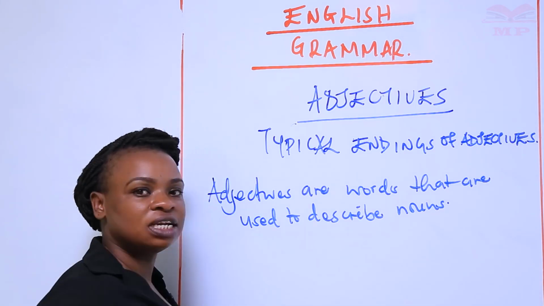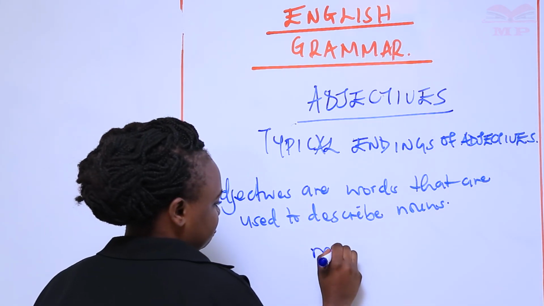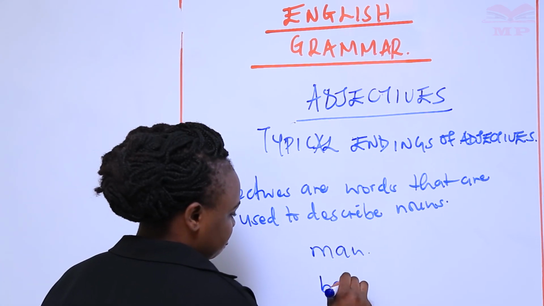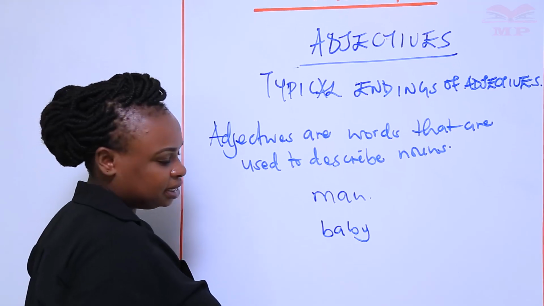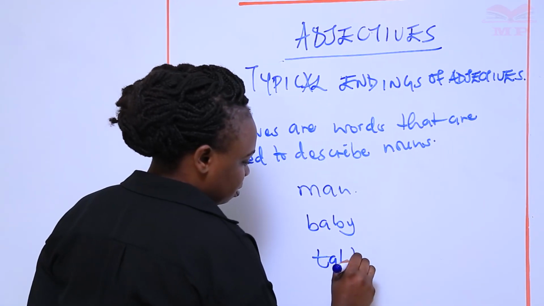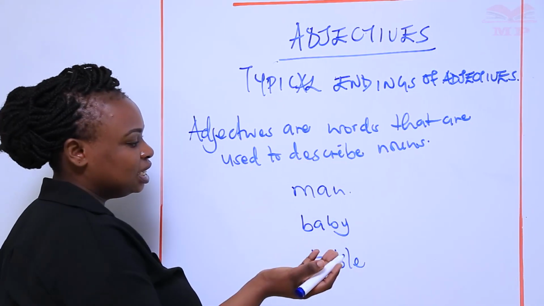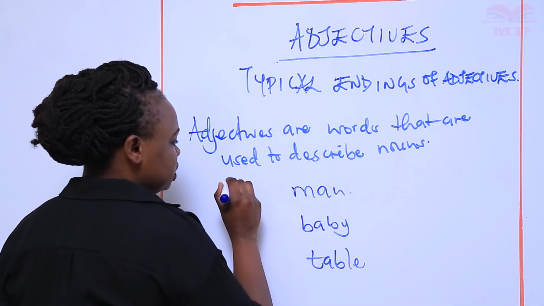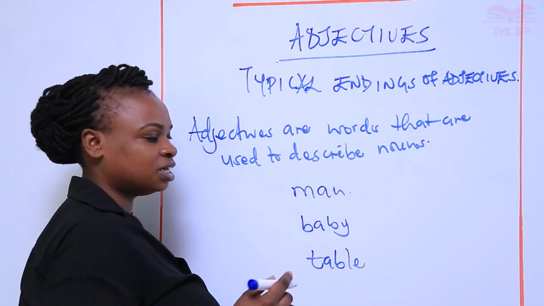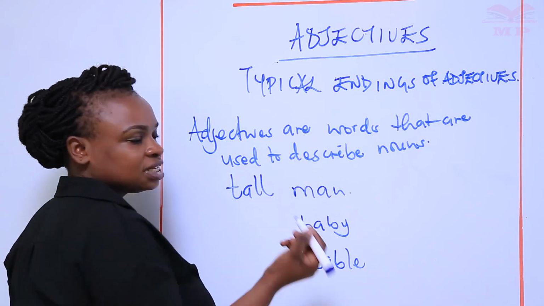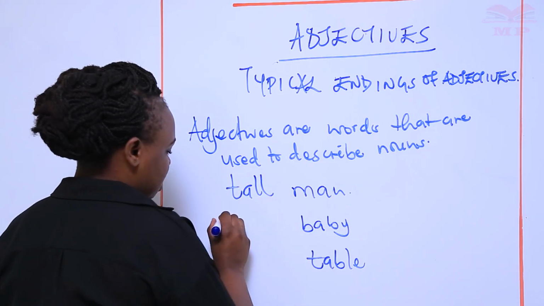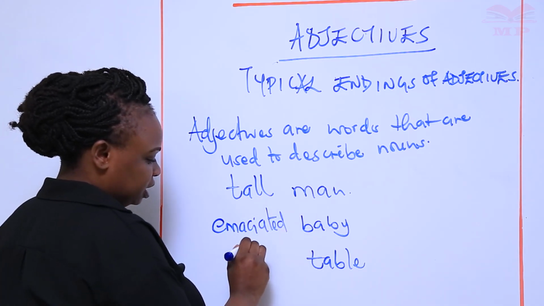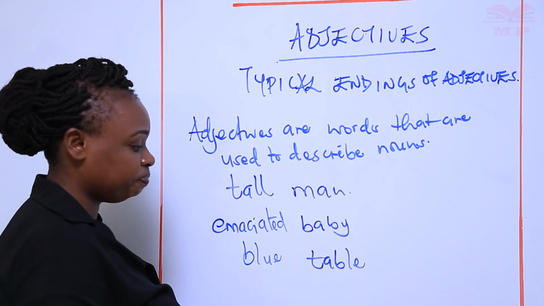For example, you can have a noun like man, or a noun like baby, or a noun like table. So we just place the adjective in front of the noun to modify it or to describe it. If you want to make the man more specific, you add an adjective so that you can describe the man. You add an adjective so that you can describe the baby. You add an adjective so that you can describe the table.